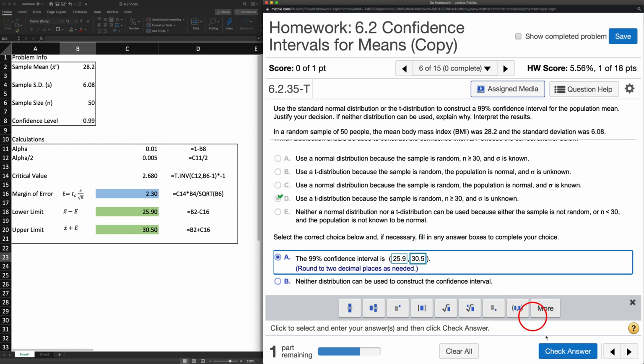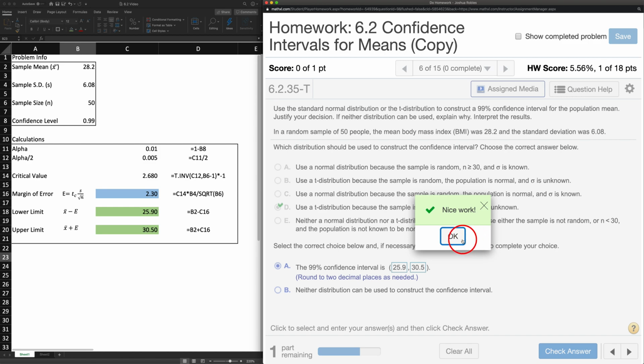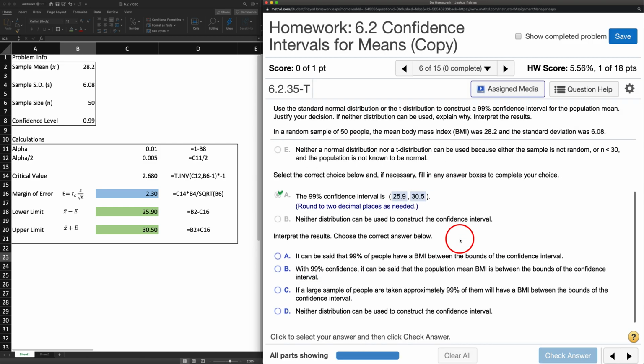Alright, let's hope that works. Good. Lastly, the interpretation, which we kind of just said. So the population BMI is in this interval, from 25.9 to 30.5.